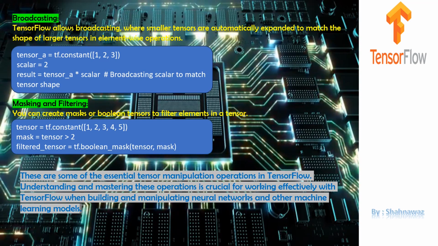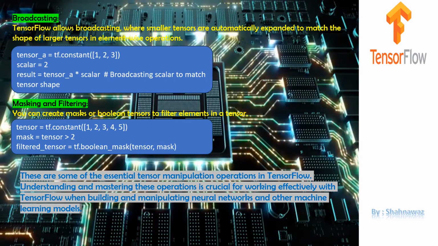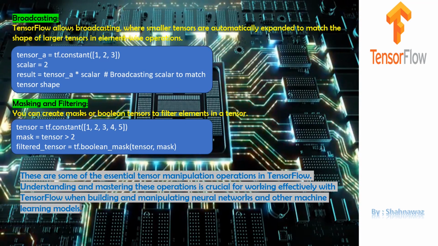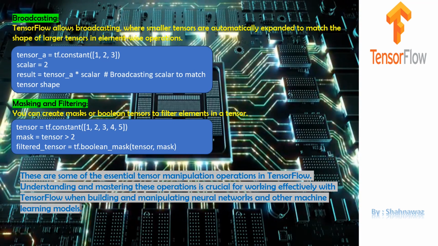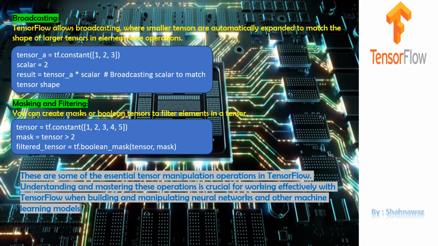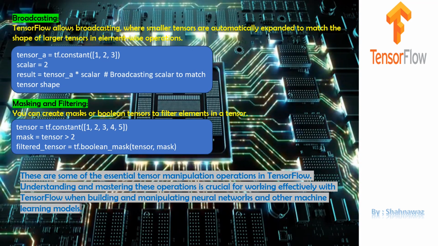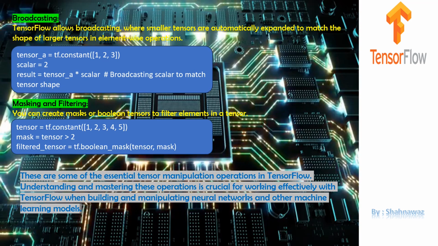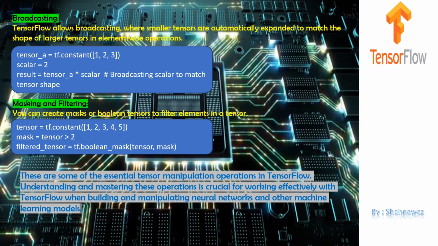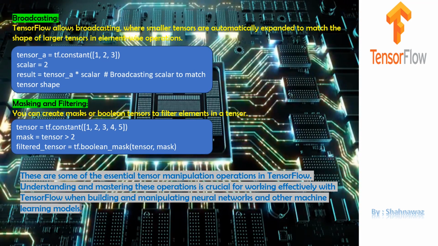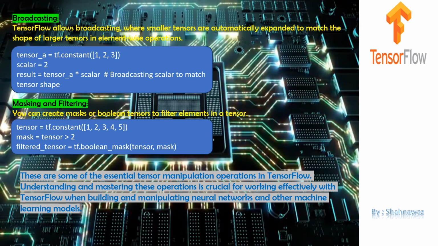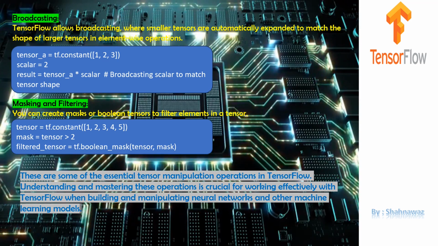Broadcasting. TensorFlow allows broadcasting, where smaller tensors are automatically expanded to match the shape of larger tensors in element-wise operations. Command is tensor_a equals tf.constant, 1, 2, 3, scalar equals 2, result equals tensor_a * scalar, #broadcasting scalar to match tensor shape. 9. Masking and filtering.